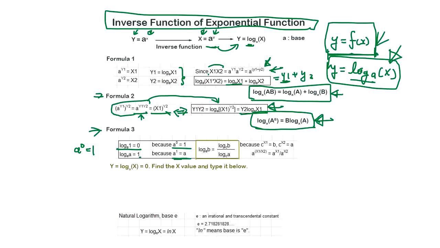Log base a of b equals log base c of b over log base c of a, because c to the x1 is b, and c to the x2 is a. So you take the ratio of this.